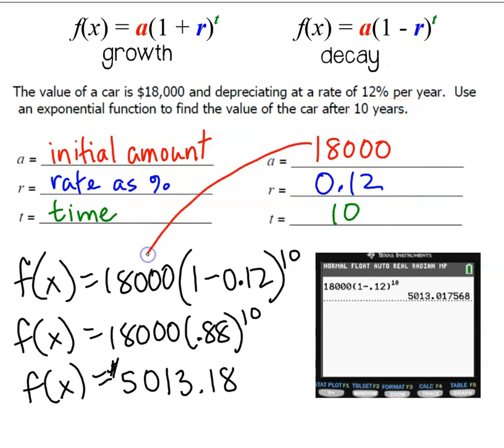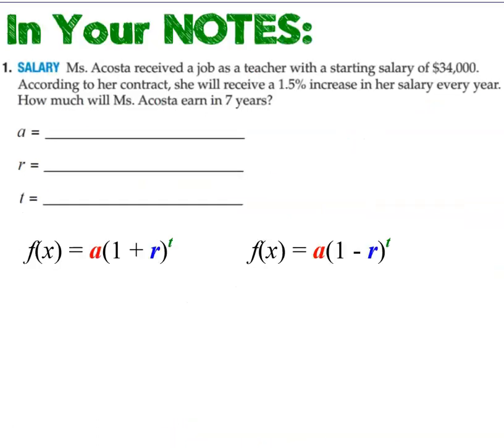Write all of those values into your equation and compute. Again, I get a really long decimal answer. I round to the hundredths place because that's pennies, and this time it would round up to $5,013.18.